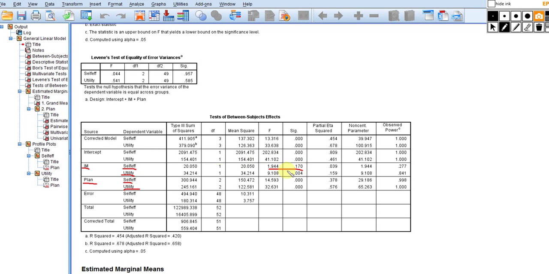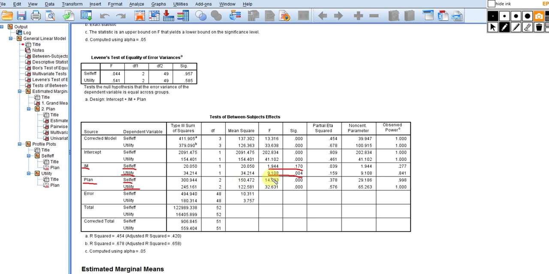More importantly are the tests of between subjects effects. So the effect of the independent variable plan on self-efficacy scores while controlling for the covariate, that was statistically significant. So that basically means that there were significant group differences on self-efficacy while controlling for the covariate intrinsic motivation.